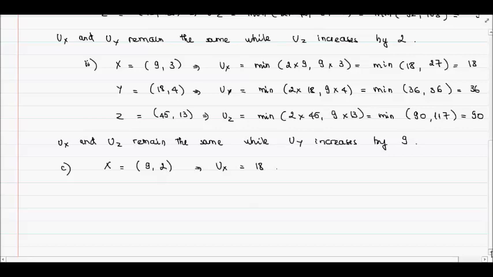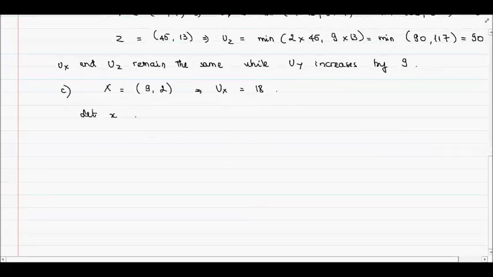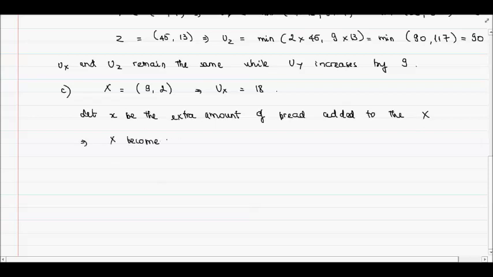Let little x be the extra amount of bread added to the consumption bundle X. So now the bundle becomes 9 plus x units of bread, which is the original 9 units plus any extra units we want to add, and we have 2 units of cheese that remain the same.